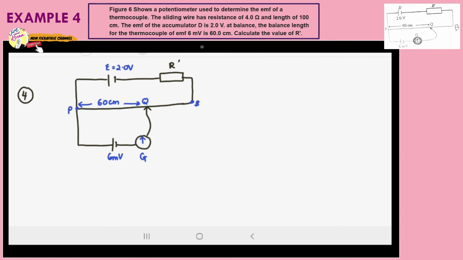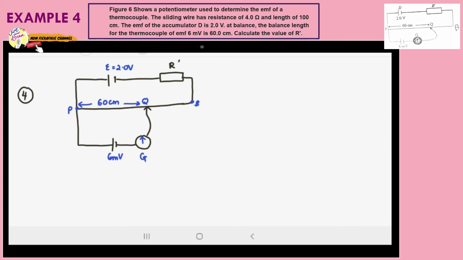So example number 4. We have another potentiometer. We use this potentiometer to determine the EMF of a thermocouple. Given that the sliding wire has a resistance of 4 ohm and the total length of the sliding wire is 100 centimeter. The EMF of the accumulator is given as 2.0 volt.